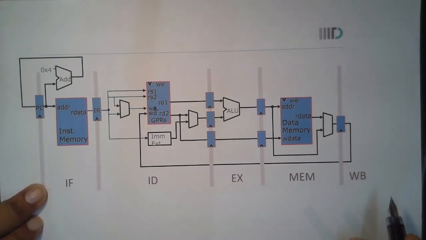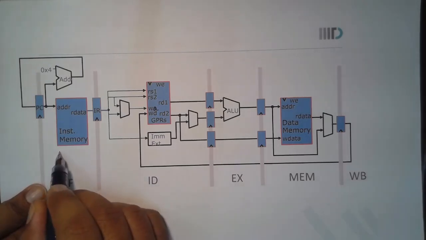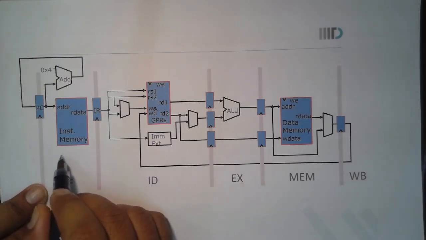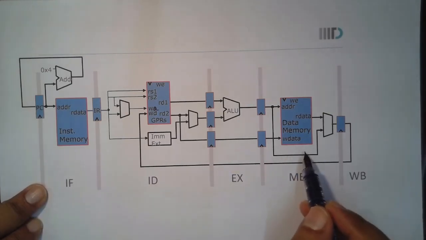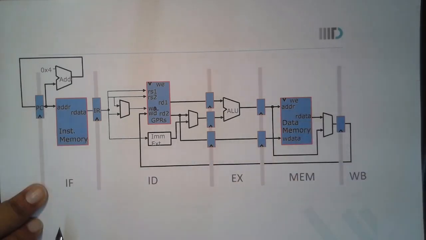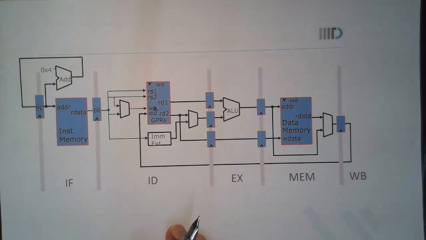Now, when we discussed structural hazard, we said that this is not unified. This is Harvard architecture, where instruction memory and data memory are separate, and you can simultaneously access them. There is no issue. But if we would have a unified memory, then how would it look?